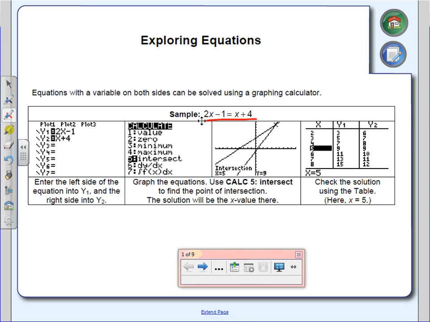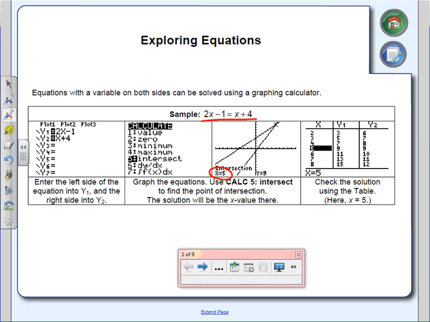Basically what it's saying is, we can take the left side of the equation and put it into y1. We can take the right side of the equation, put it into y2, graph those two lines, and ask the calculator to find an intersection for us. And whatever that intersection is, like in this case, that intersection is right here at 5. That 5 represents the actual solution.